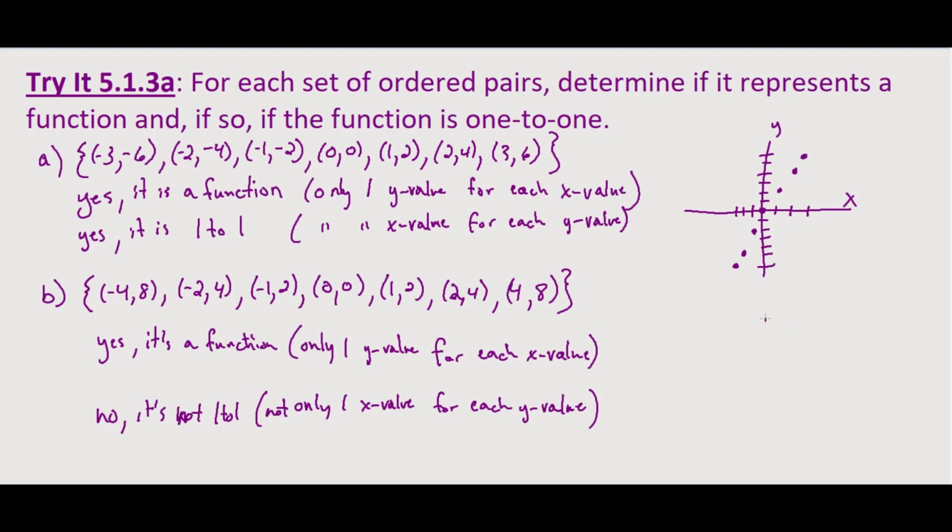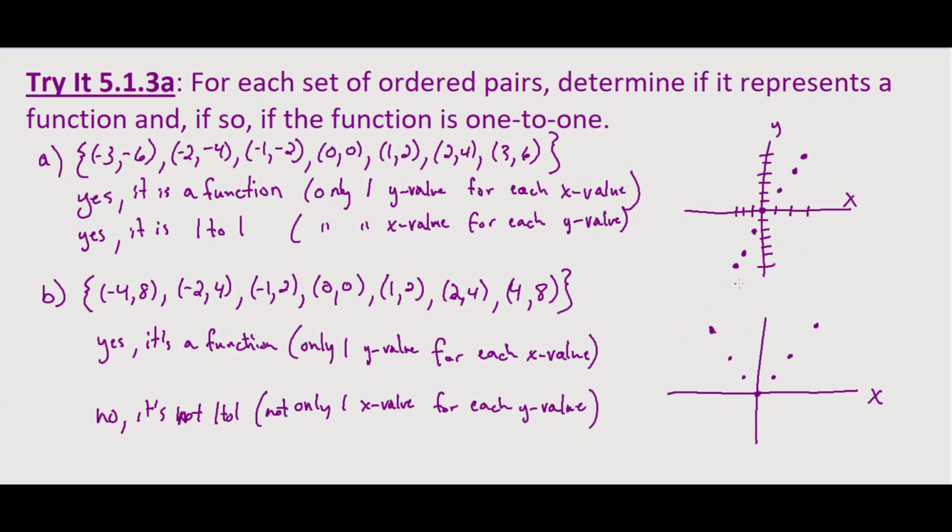And if we graphed this, we would see this is essentially a parabola, or at least the dots are points on a parabola. We have (0, 0), (-1, 2), (1, 2), (-2, 4), (2, 4), (-4, 8), and (4, 8).